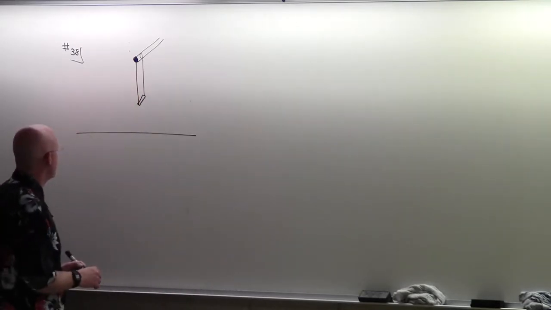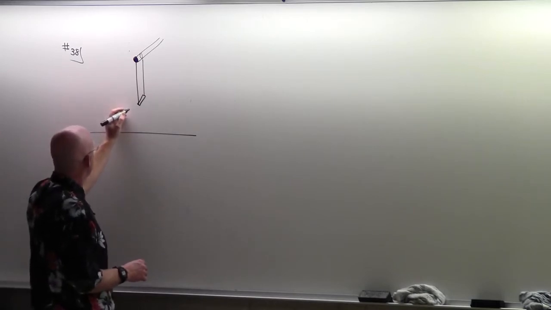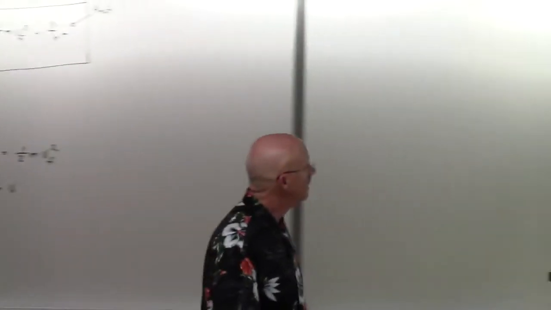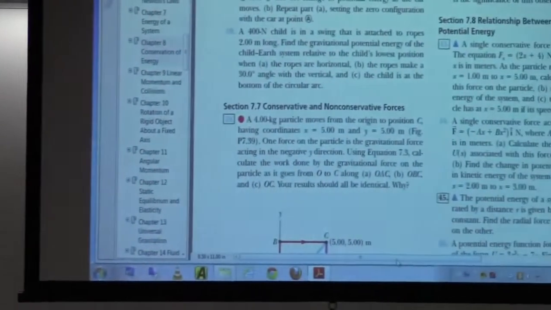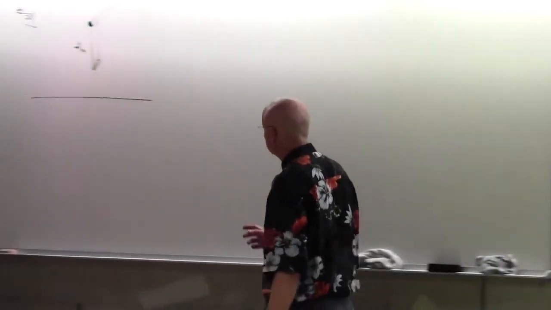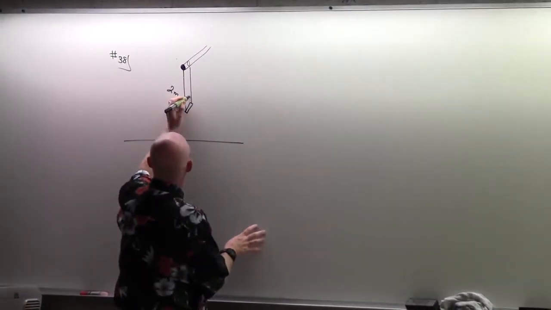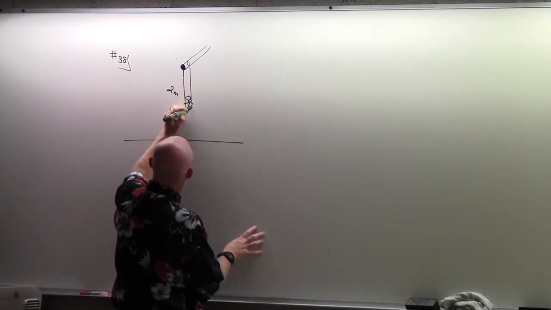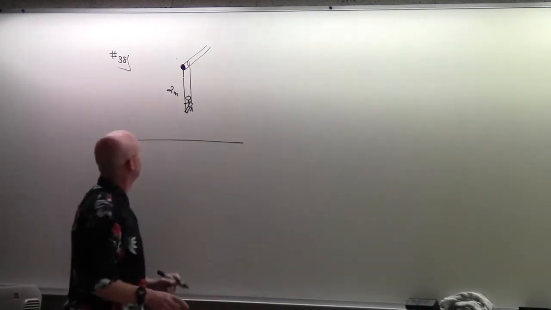There'll be a little swing. I think they told me just the length of the rope, right? Not how high the swing is off the ground. They also told me the weight of the child, not its mass. My picture doesn't necessarily have a child in it, so let me put a child there. All right.